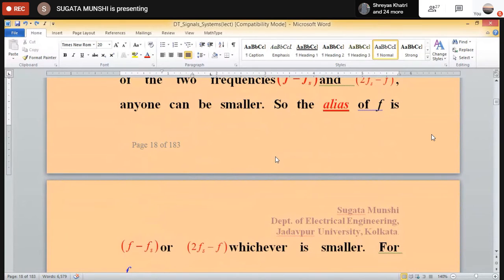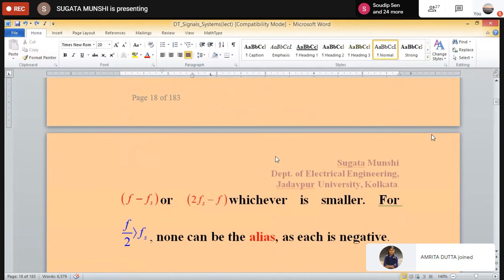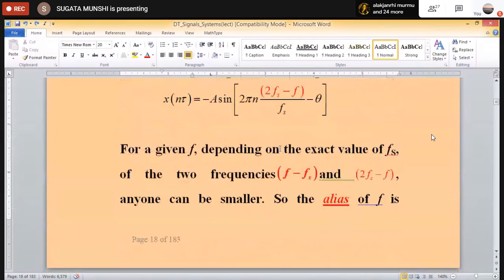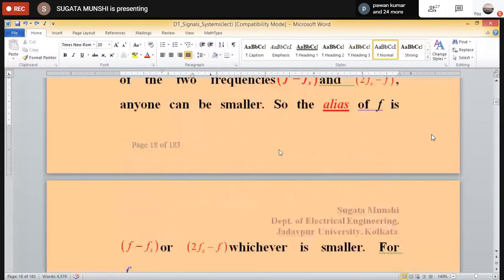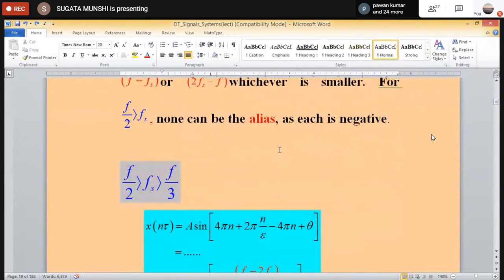So for Fs less than F/2, this analysis will not be valid. You have to go for some other. Now I am considering Fs greater than F/3, less than F/2. Why greater than F/3? That also will be clear to you.